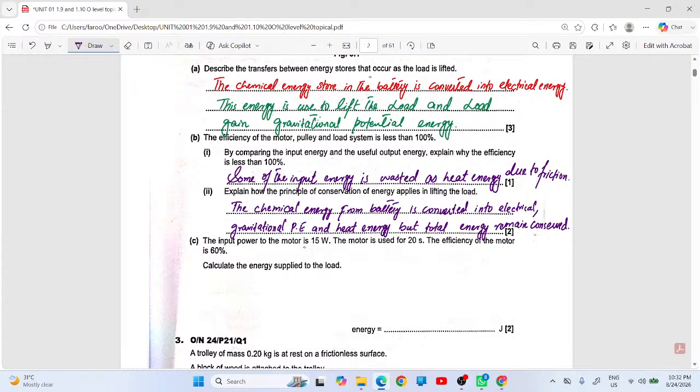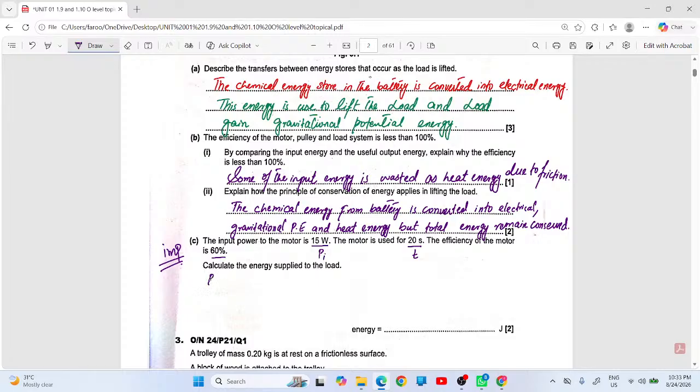Next is the input power of the motor is 15 watt. The motor is used for 20 seconds. The efficiency of the motor is 60%. Calculate the energy supplied to the load. ये easy है. Input is given already, तो हम input energy निकालते हैं.